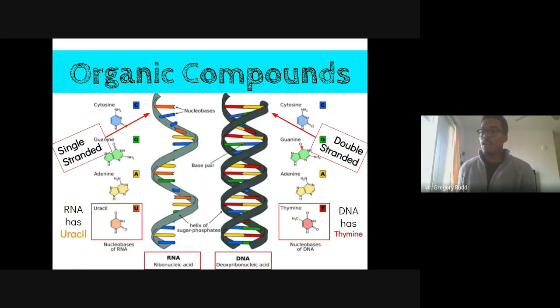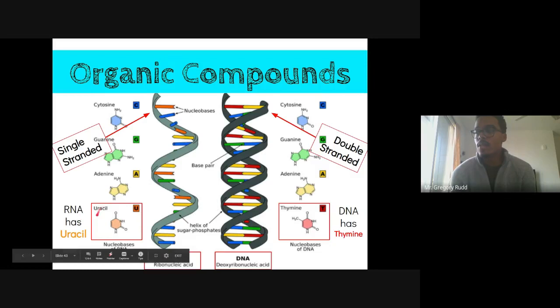Another difference that you all should write down, and we'll talk much more about this later in the course: RNA has one nucleotide called uracil, whereas DNA does not have uracil. It has a nucleotide called thymine. Typically, we refer to their nucleotides with single letters.